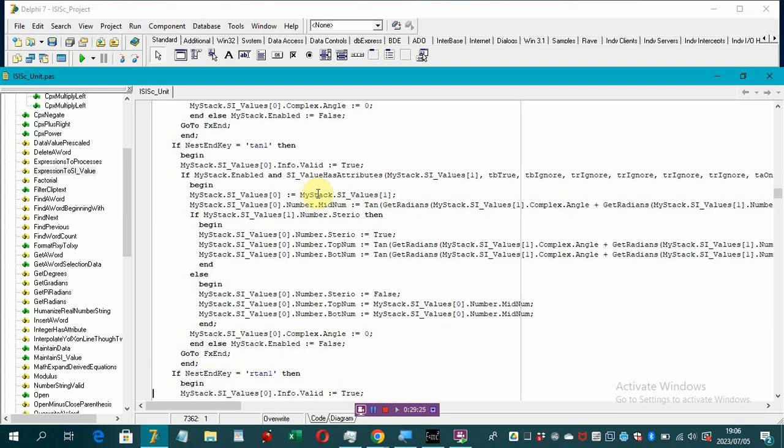So my stack is of type SE value. That is a calculation stack, and that values is level 1 of the stack. I just want to note that you see my stack SE values 1 dot complex dot angle. That's how things are done.